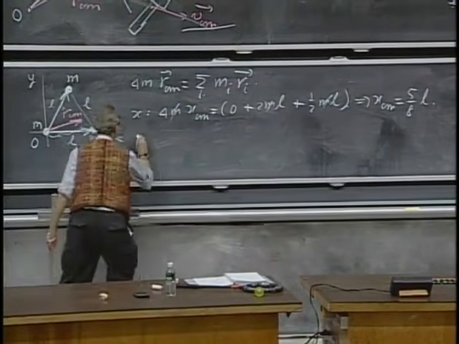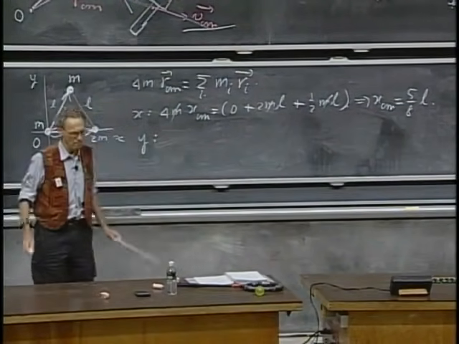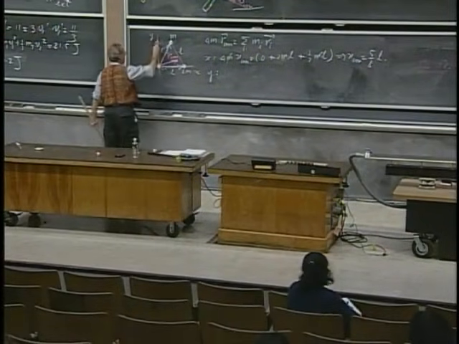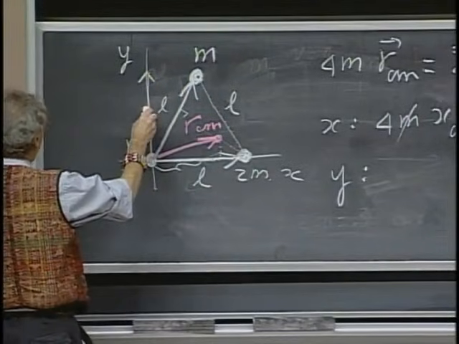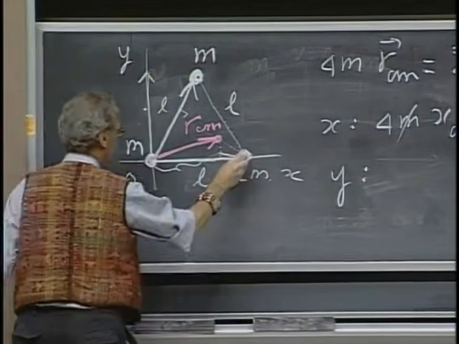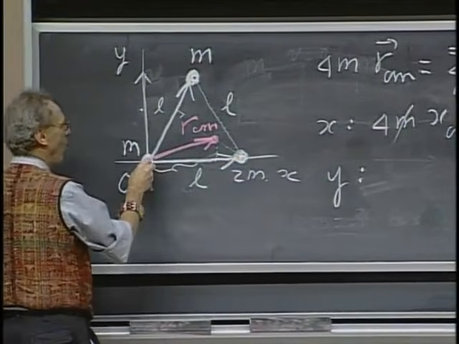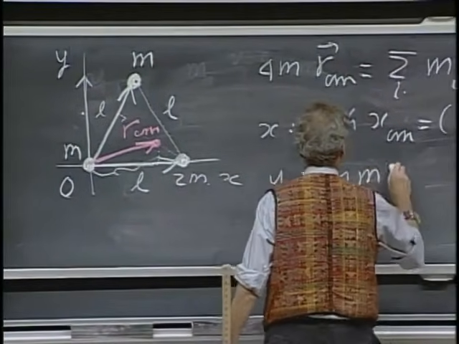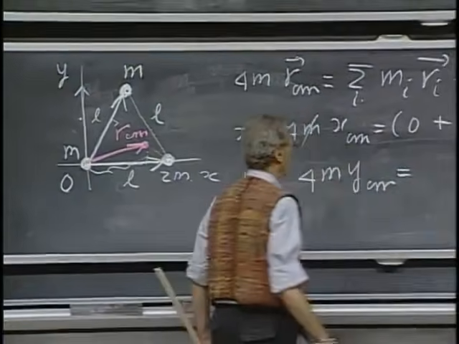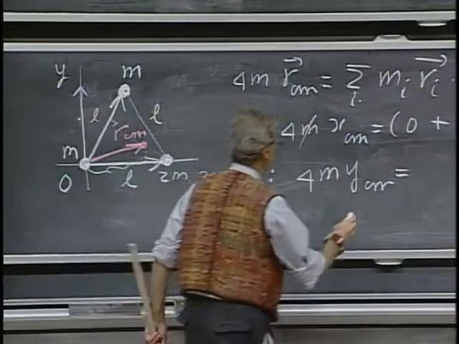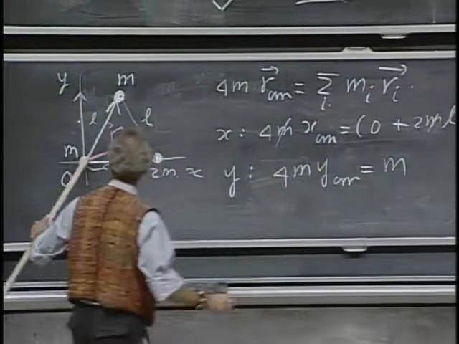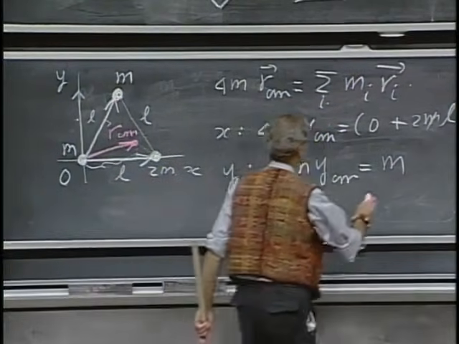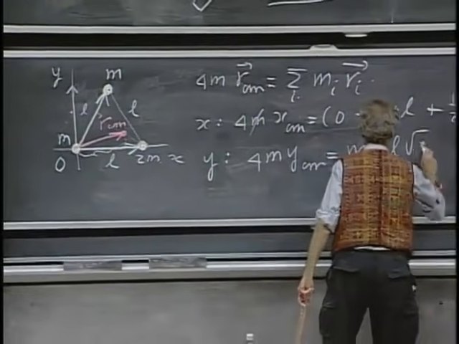Now in the y direction, you can do exactly the same. You can split it up into the position vector of this object, which is 1/2 L square root 3. This one has no y component, and this one has no y component. So this is very easy. So you're going to get that 4m times y of the center of mass equals this mass m times the y component of that position vector, and that is 1/2 L square root of 3.